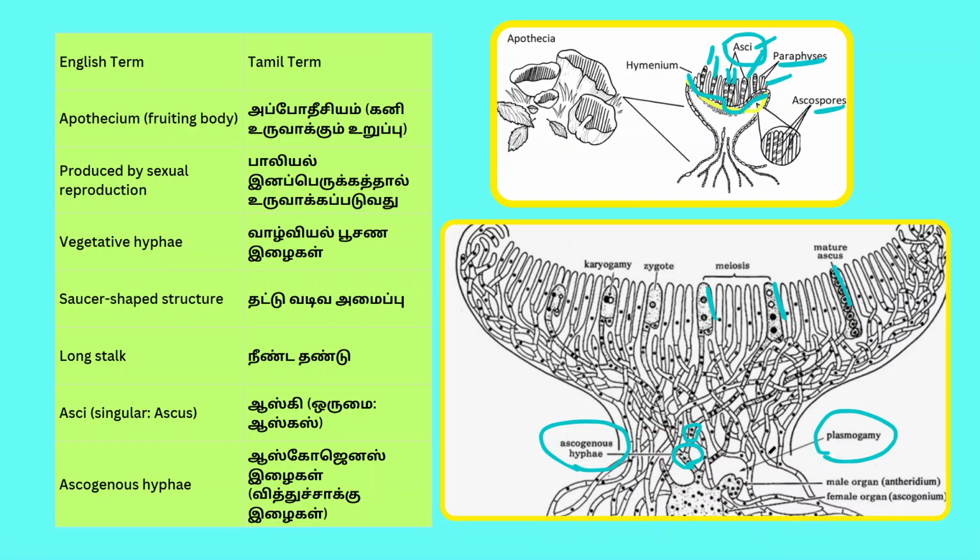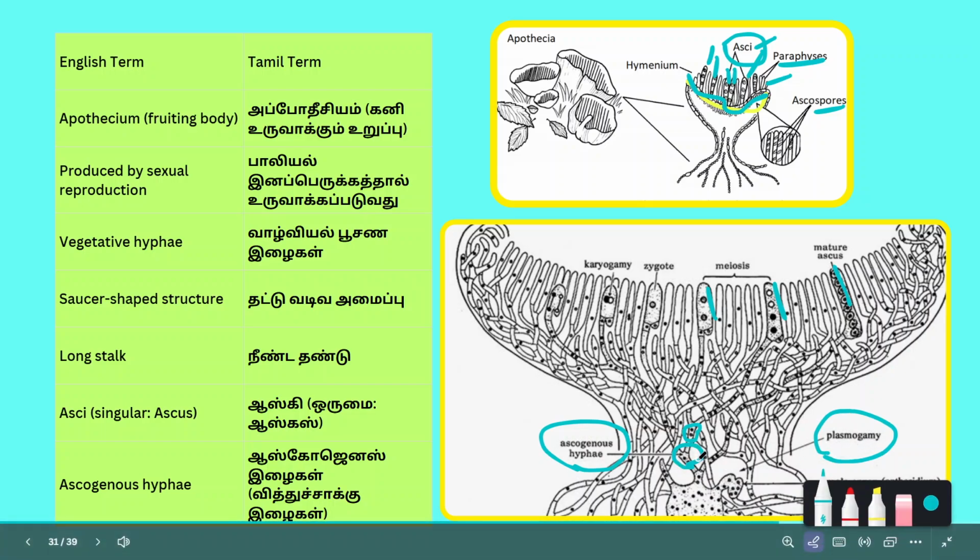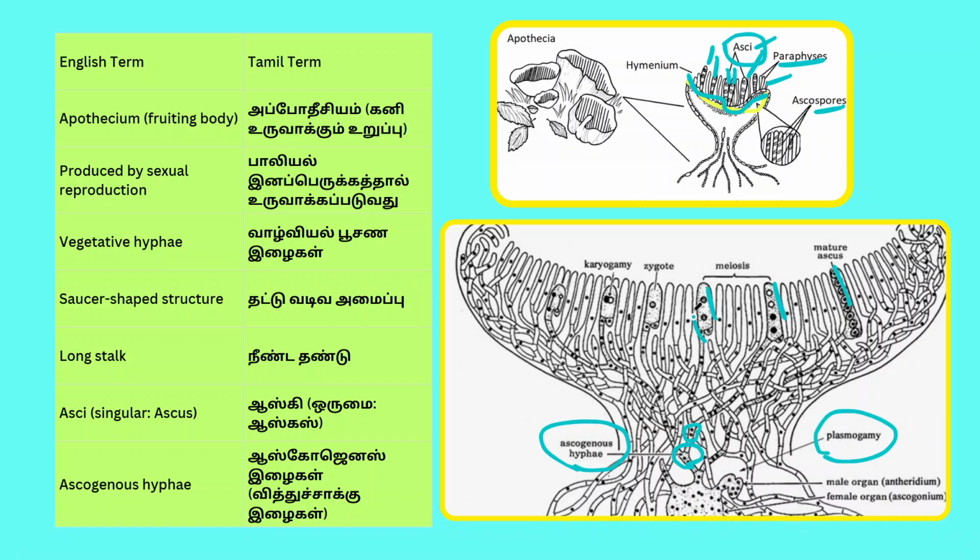Here there is no karyogamy, only plasmogamy. That means you have the two nuclei lying side by side, but yet there is no fusion. So this kind of hyphae holding two nuclei, referred to as dikaryotic hyphae, formed after plasmogamy, are the reason to produce these asci.